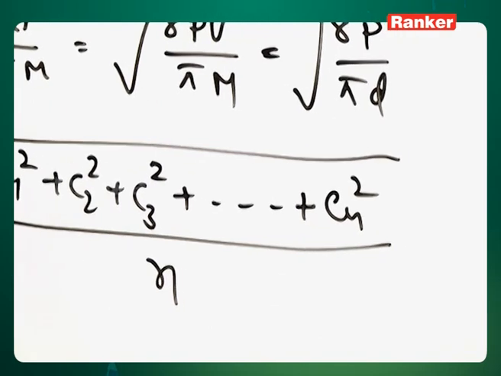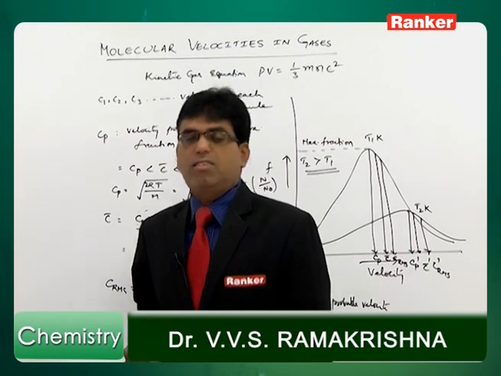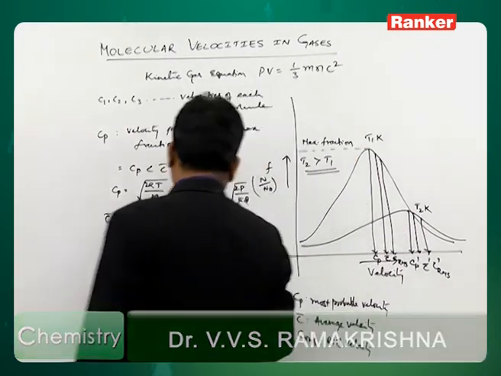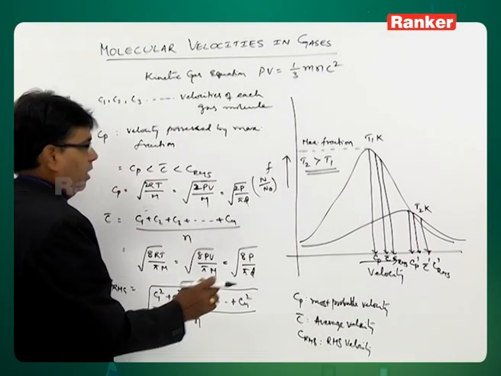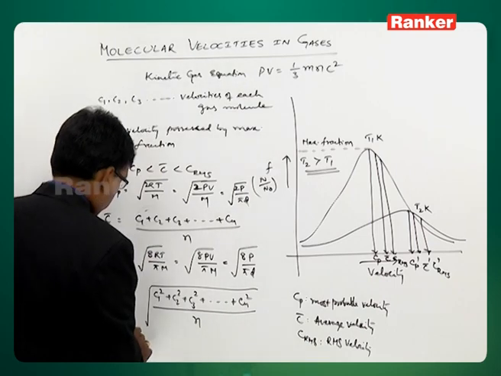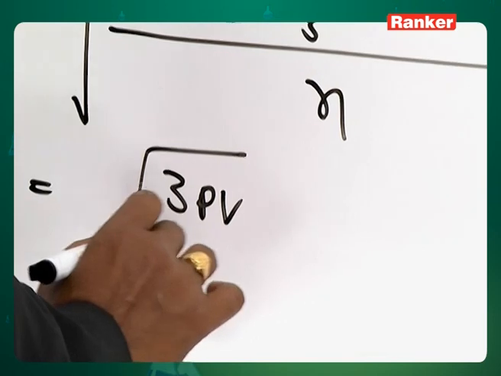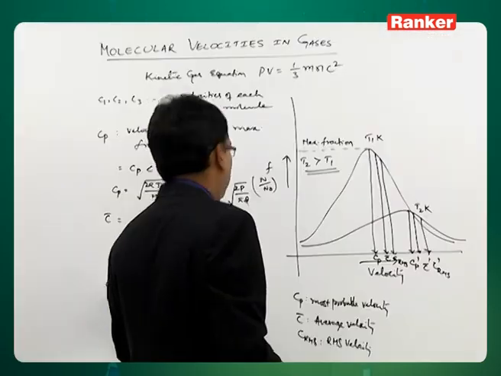As you square it up, you avoid the negative sign, so it will not be 0.